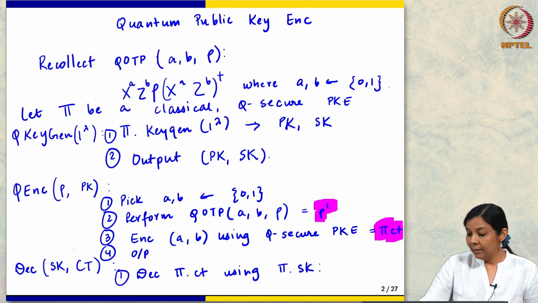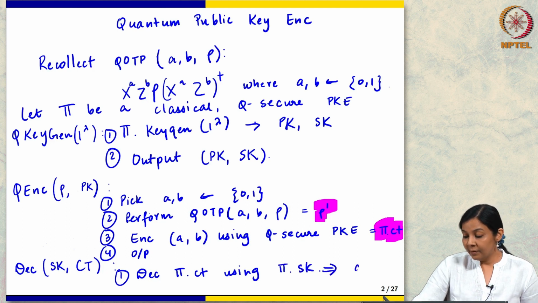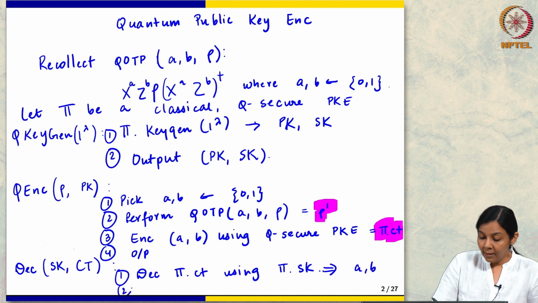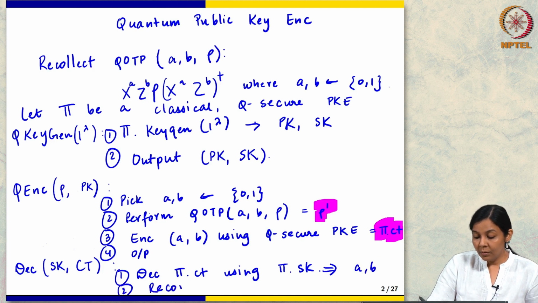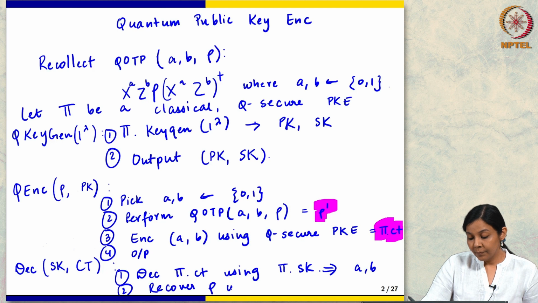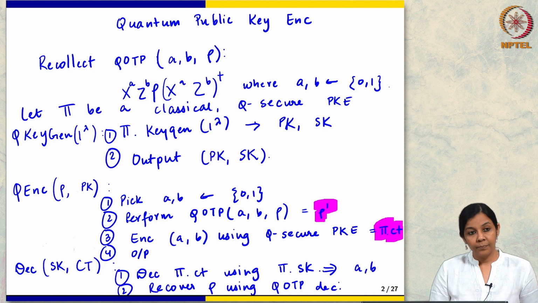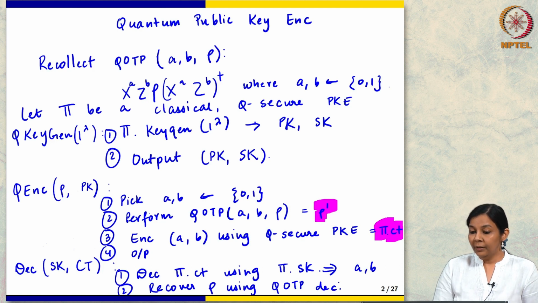This gives us A, B, and then I recover rho using QOTP decryption. So, is the correctness clear to everybody?